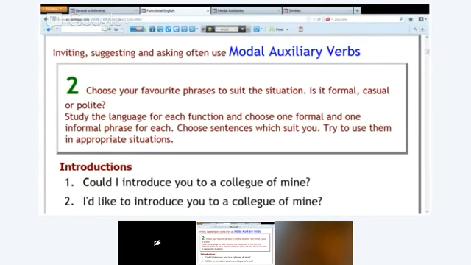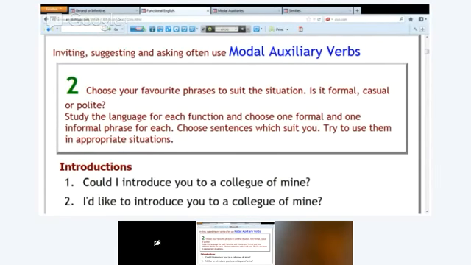So we were looking at verbs following verbs, and we mentioned modal auxiliaries, can, could, would, should, and they are always followed by verbs in the infinitive without to. So this is a kind of continuation, but different, because now we're looking at functions. That means doing things with our language.